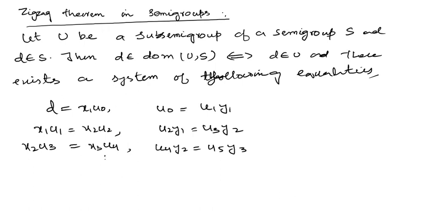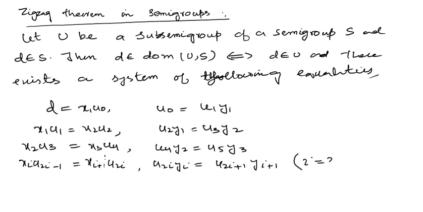So the ith step is like this: xi u2i-1 is equal to xi+1 u2i. Then u2i yi is equal to u2i+1 yi+1.